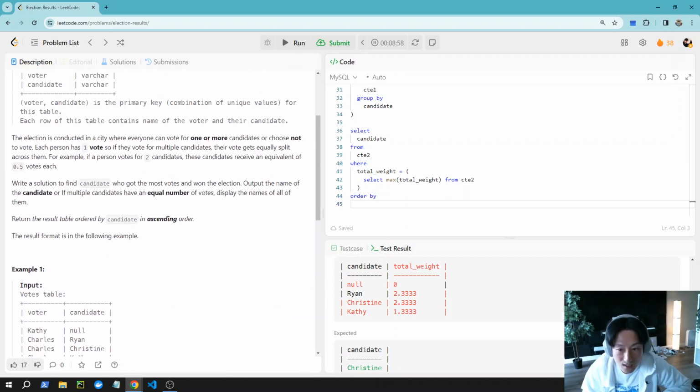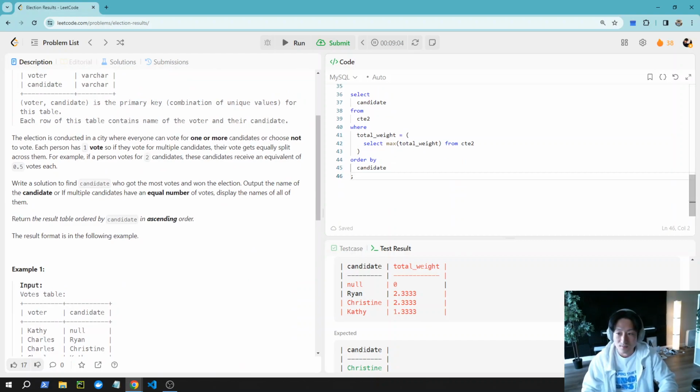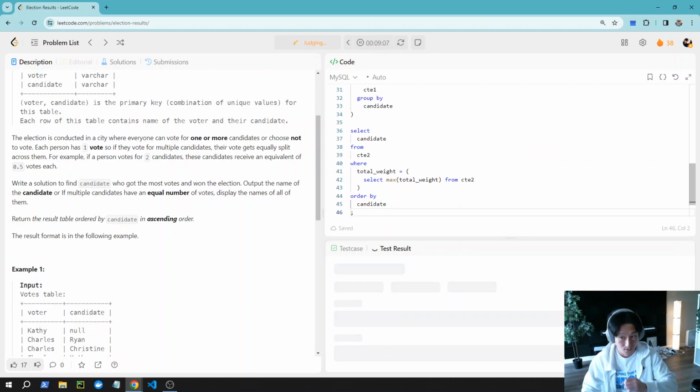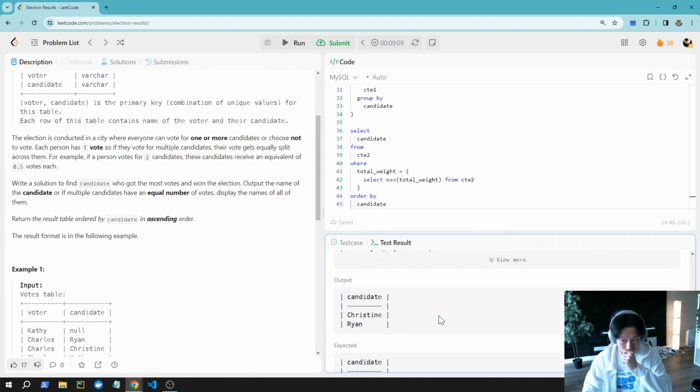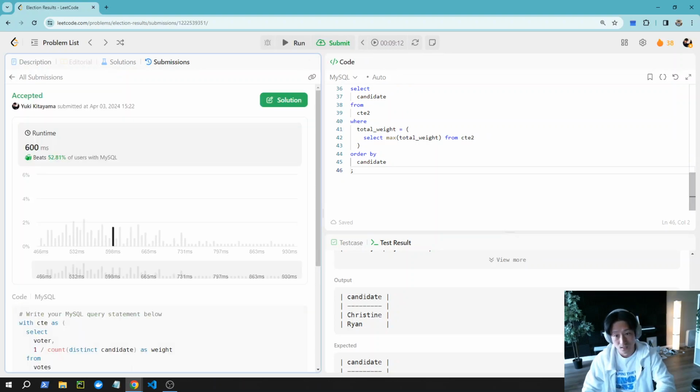It says order by candidate in ascending order, right? Okay, I think this is going to work for the test case, and I don't know whether it's going to work for the other cases. Okay, it works.